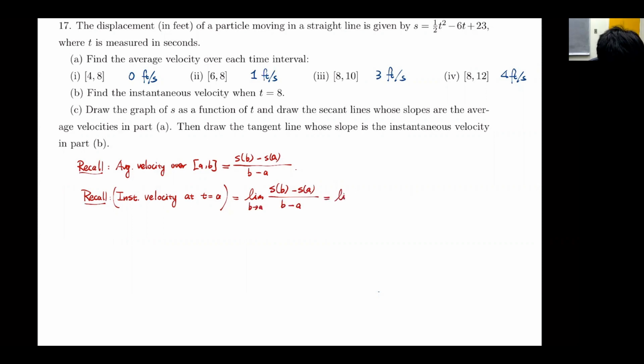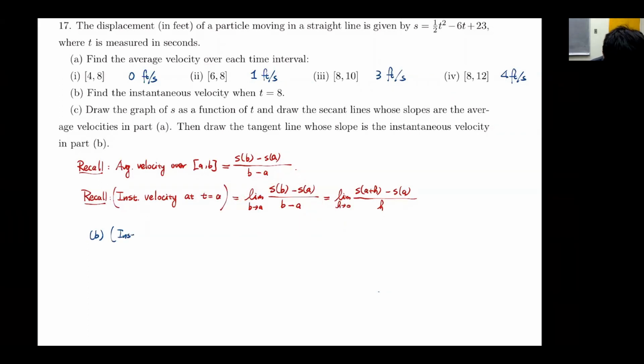Alternatively, you could also write it as the limit of s(a + h) minus s(a) divided by h as h approaches 0. These are the two ways of computing the instantaneous velocity. For part B, because we are looking for the instantaneous velocity at t = 8, I will just use the first definition to make the computation.